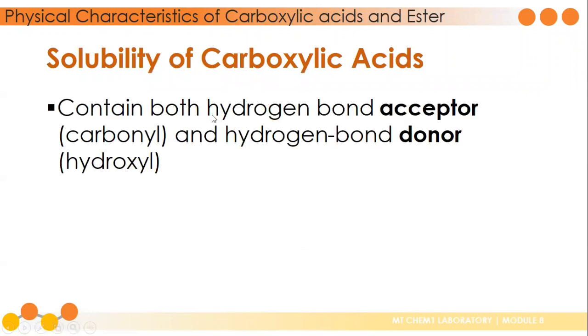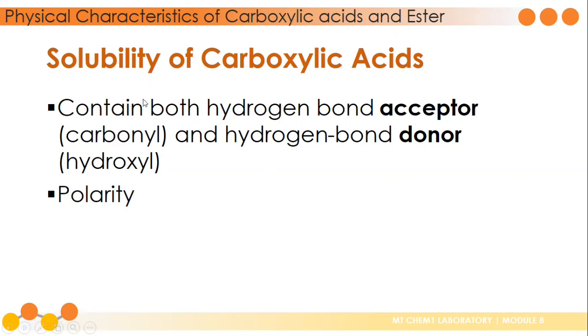When talking about solubility of carboxylic acids, we have to remember that it contains both the hydrogen bond acceptor, which is the carbonyl group, and the hydrogen bond donor, which is the hydroxyl group. Carboxylic acids have both carbonyl and hydroxyl groups, and this greatly contributes to the polarity.